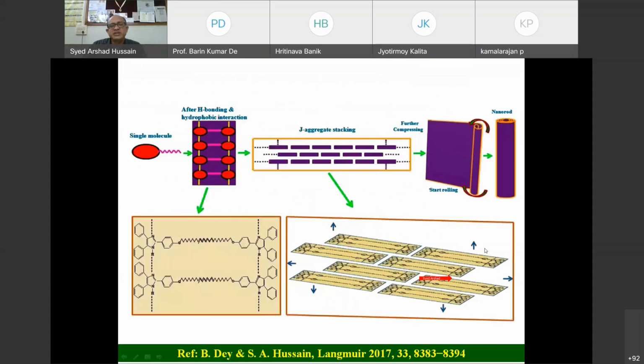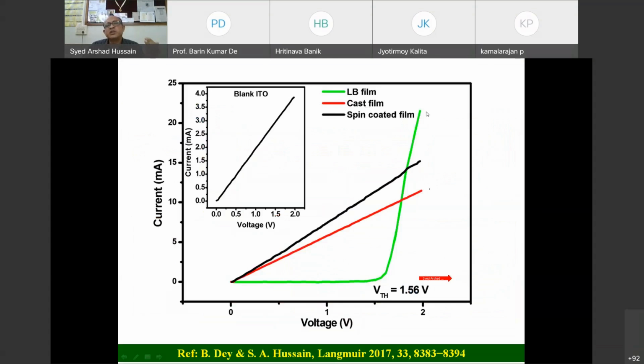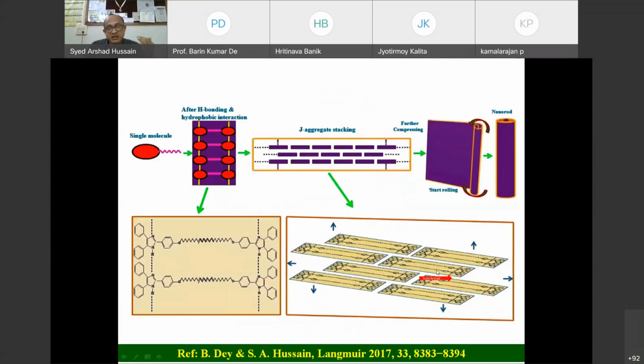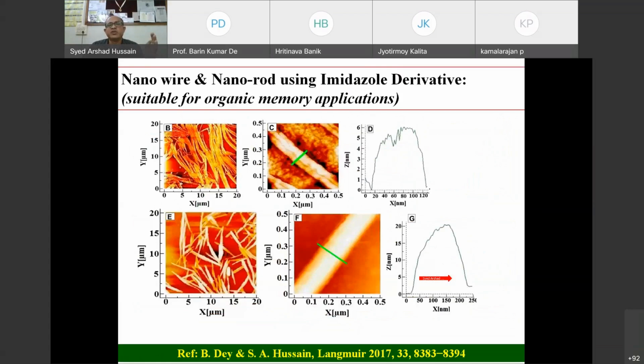The main point is we tried other techniques, such as spin coating, cast film, and layer-by-layer deposition. But in all these techniques except the LB technique, we didn't find this kind of nanostructure formation, nanowire or nanorod.